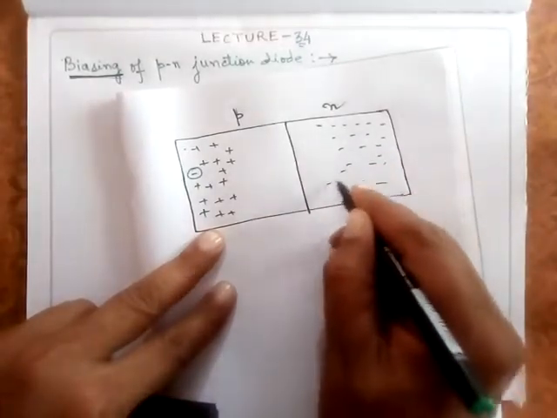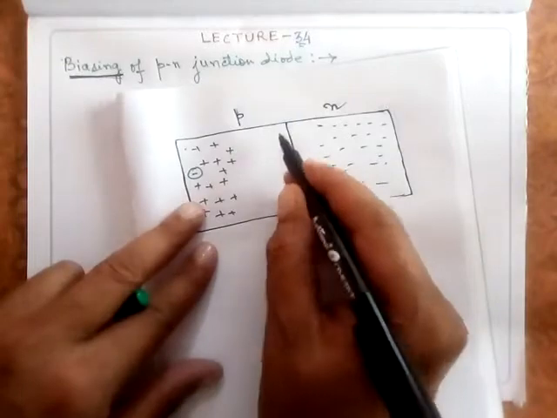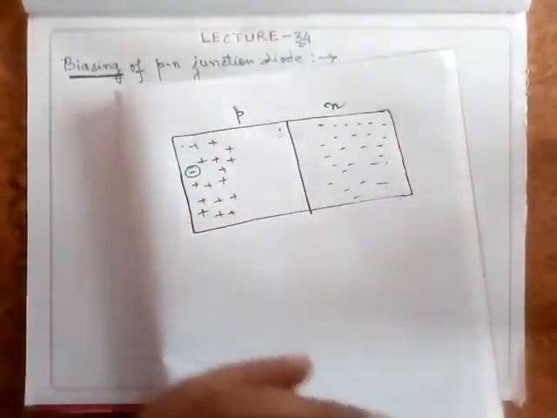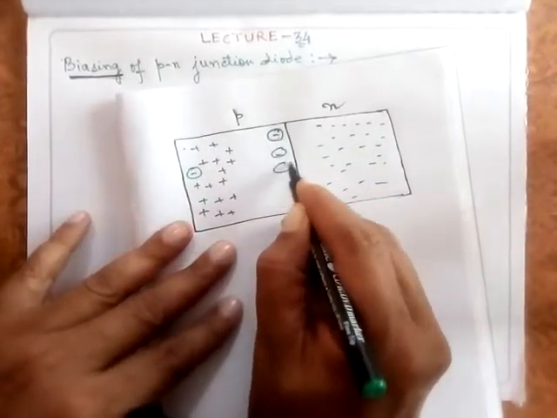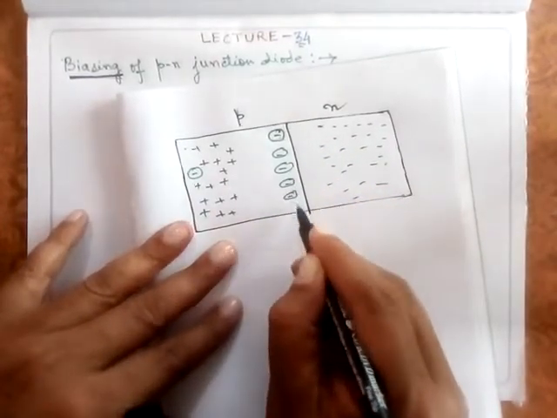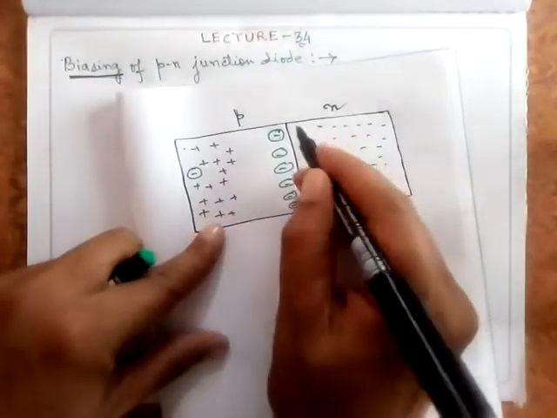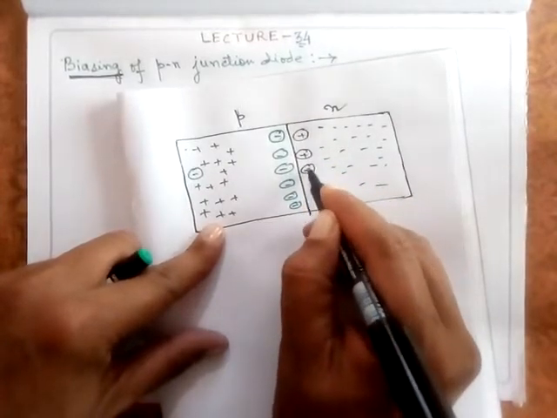Now at the same time I told you that near the junction you have these negative ions and these positive donor ions.